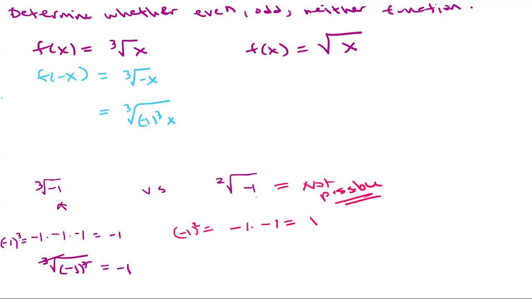So I can break this down as the cubic root of -1 to the third times the cubic root of x. So in this case, the cubic root and the cube are going to eliminate. And then that means we only have a negative in the front, and then we have the cubic root of x left over. So notice we have a positive cubic root of x, and then we have the opposite of the cubic root of x, which is the negative. So in this case, we will have an odd function here.